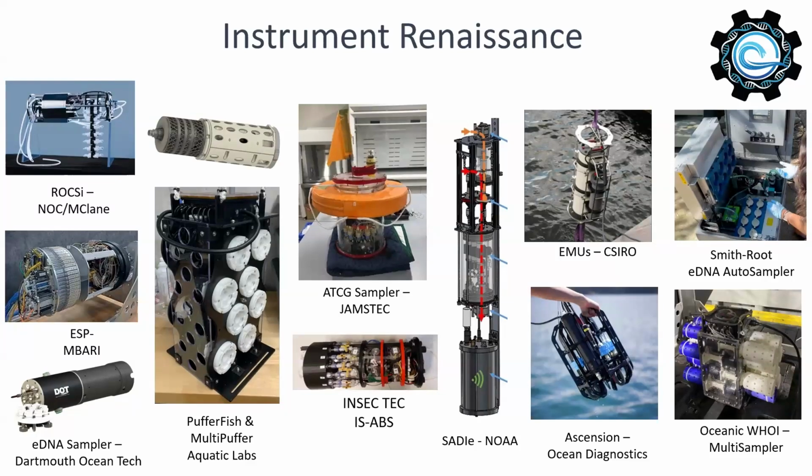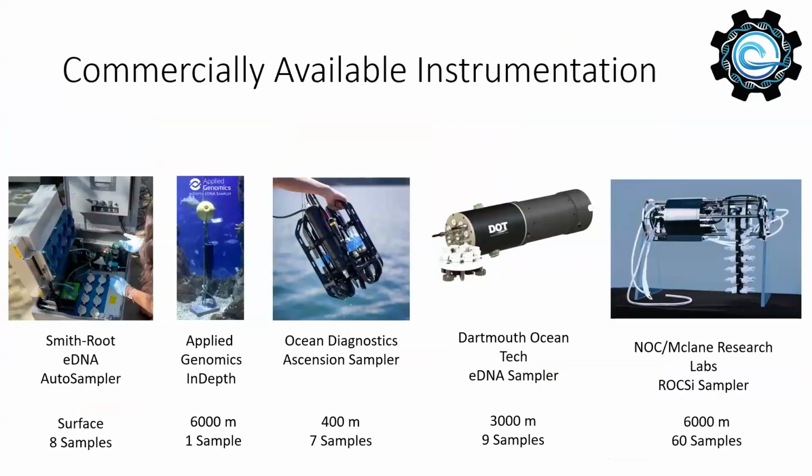What I'm going to focus on, or just briefly cover actually in my limited time, is the commercially available instruments, because I think this is relevant to the end users in this group. So there's 5 commercially available instruments, more or less, that I think people are interested in. First is the Smith-Root Auto Sampler. It's a surface sampler, so it's deployed terrestrially, or you can put it on a boat or pier.